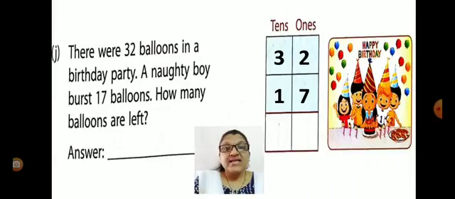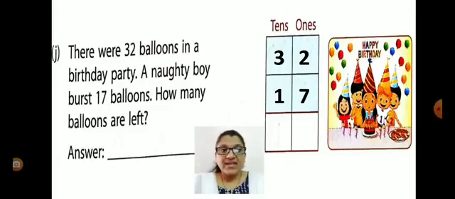Let us read this. There were 32 balloons in a birthday party. A naughty boy burst 17 balloons. How many balloons are left? Here again we have written number 32 and 17 in the boxes.